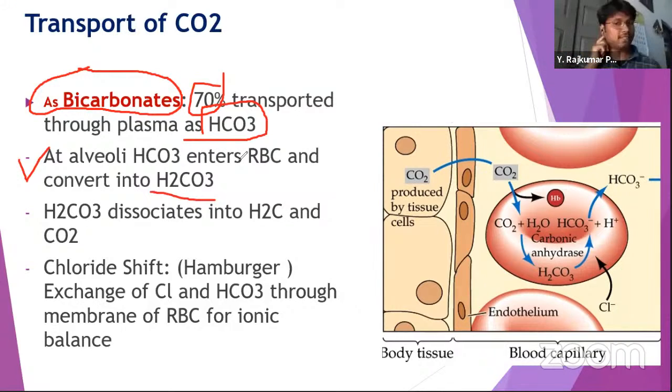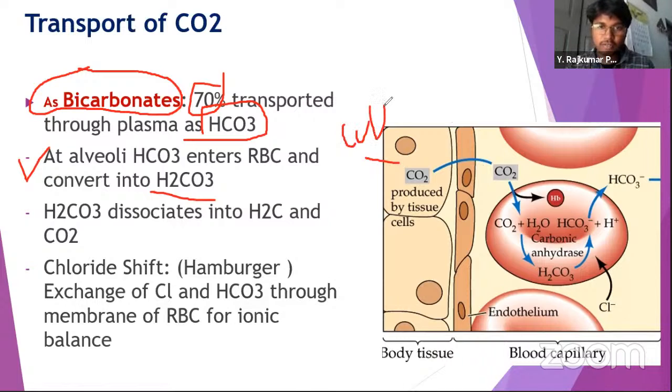Before learning this, let's see the diagram beside. Here you can see this is a cell of the body. By the process of cellular respiration, they produce CO2, and CO2 comes into the plasma, and CO2 enters the RBC. The biconcave round oval shape that you see here is the RBC, and this is the blood vessel.